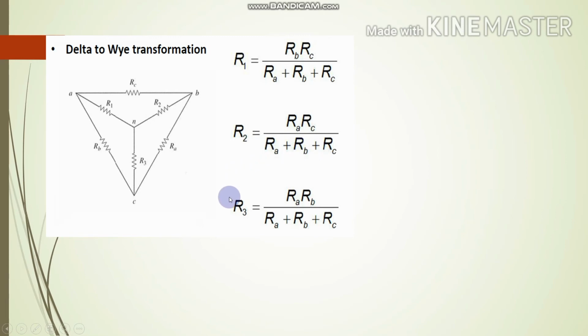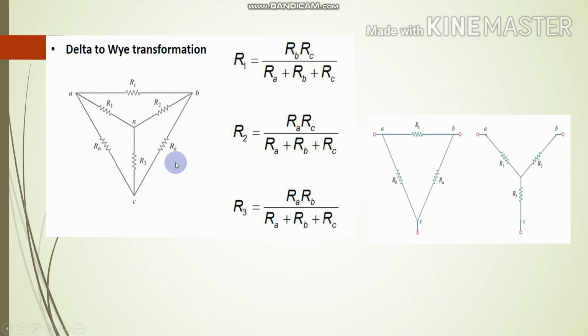For R2, RA times RC divided by RA plus RB plus RC. Then R3 is RA times RB divided by RA plus RB plus RC. After that, the circuit will look like this, from triangle to Y.